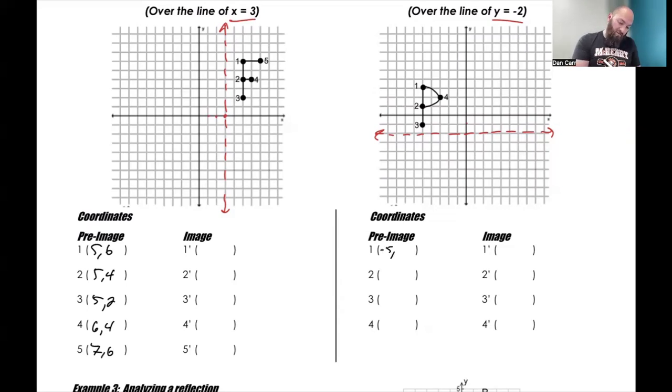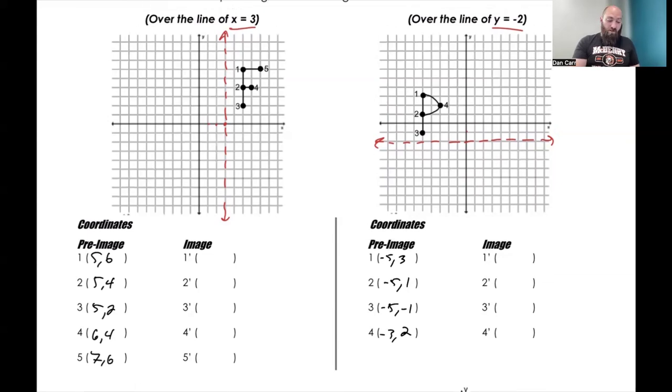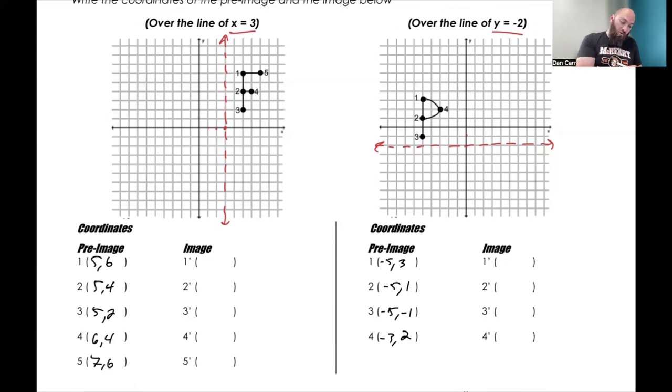For the rest of it, (-5, 3), (-5, 1), (-5, -1), and (-3, -3), +2. So once I put my lines of reflection in there, again, the distance from the pre-image to the line of reflection is the same as the line of reflection to the image. We're just going to do those same distances. The only difference now is instead of going to the axis, I'm going to go to the line.